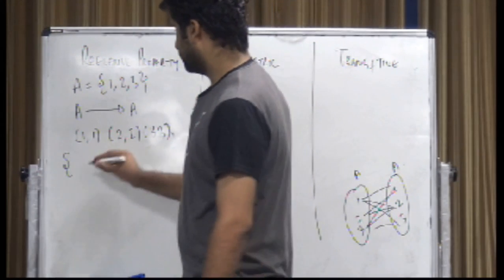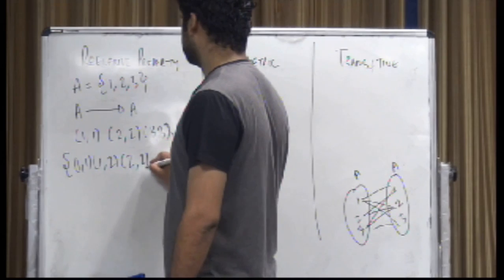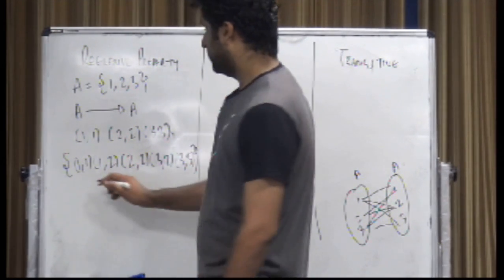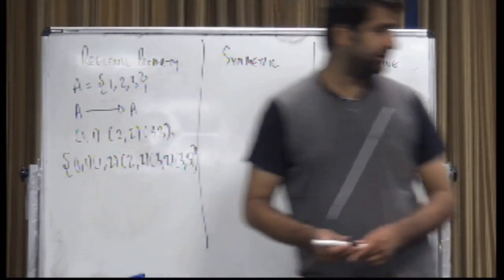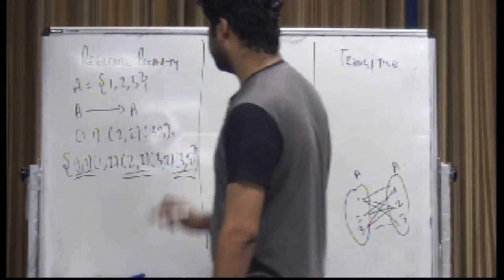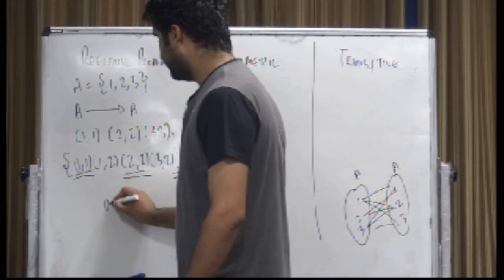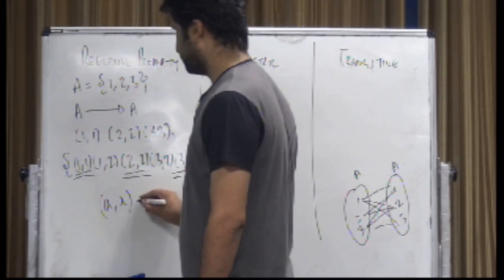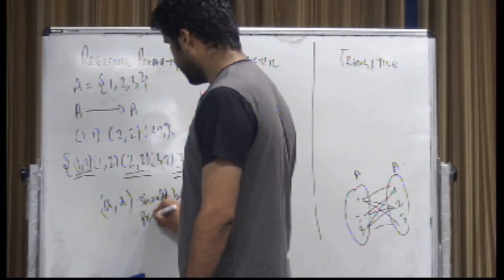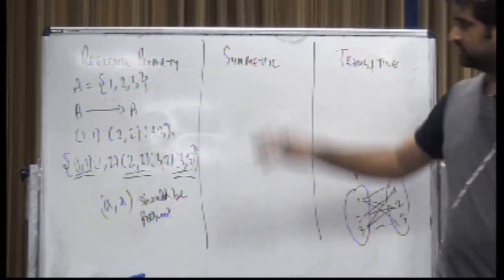So the relation can look like this: (1,1), (1,2), (2,2), (3,2) and (3,3). Now you can see that it has (1,1), that is needed. It has (2,2), and it has (3,3). So reflexive property means that the ordered pair (A, A) should be present.